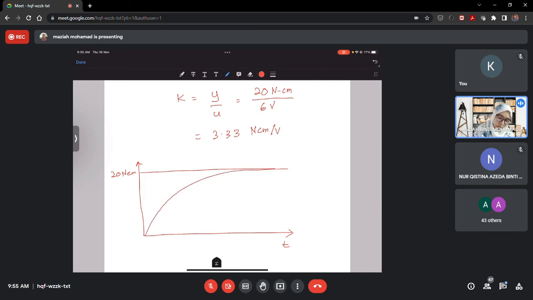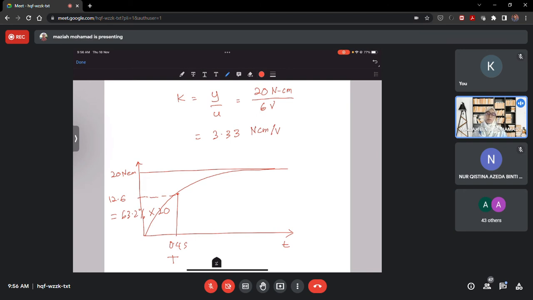If you calculate 12.6 here, 12.6 is actually equal to 63.2% multiplied with 20. Therefore, it reached 12.6 at 0.4 seconds. So this is T, the time constant, because T is the time taken to reach 63.2%.